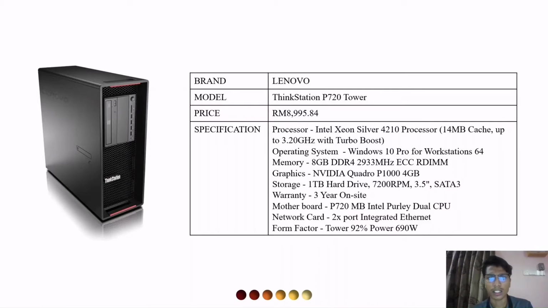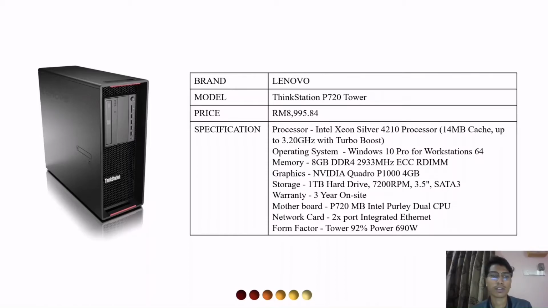Okay, let's see the specification. We got the processor for the server, an Intel Xeon Silver 4210 processor, which is second generation. The processor got 14 megabyte of cache and up to 3.2 gigahertz with turbo boost.